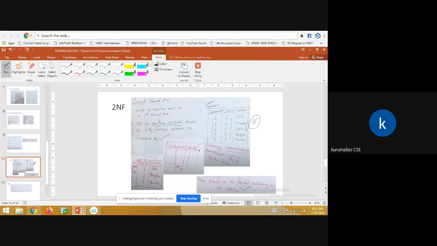Now I need to split this table into two more tables. Before decomposing, we have to find the candidate keys.